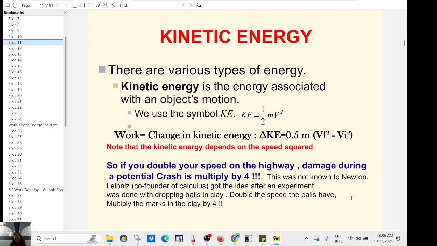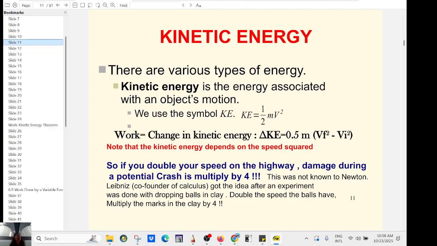Then you're going to say work done: when energy is transferred from one system to another, there will be a change in kinetic energy. This is called the work-energy theorem. The net work, the net energy transferred to a system, will translate as a change in kinetic energy. If the net work is zero, then there is no change in speed.